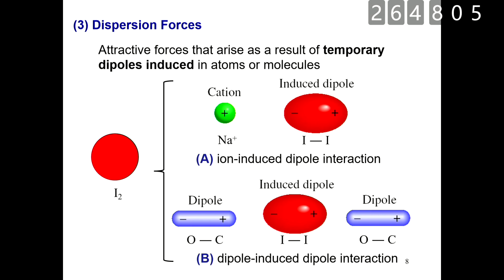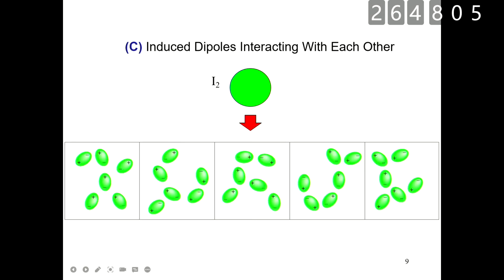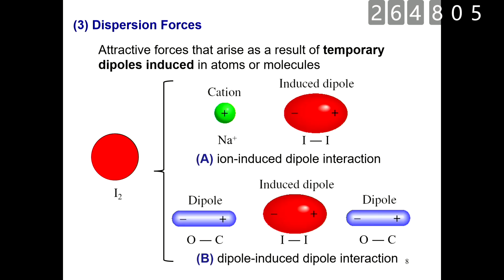For example, this carbon oxide. Carbon has some plus charge, so the shape of the I2 will change like this. In this part, some negative charge. In this part, some positive charge. So the negative charge will be attracted by carbon, and this positive charge will be attracted by the oxygen.